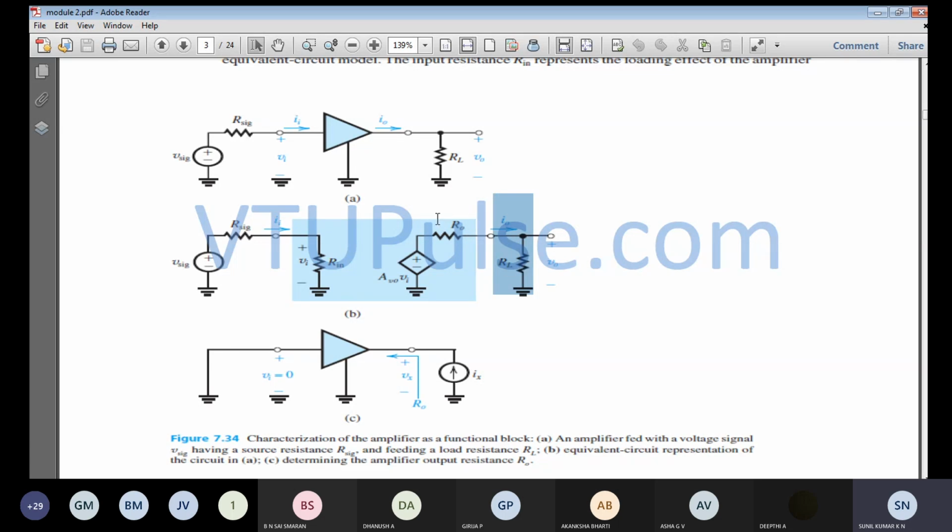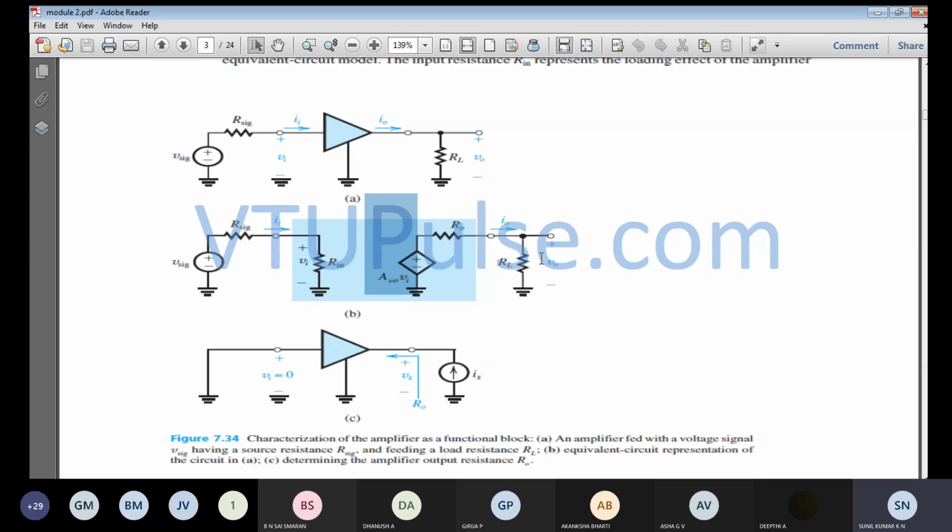So if both resistances are there, then obviously the output voltage will get divided across here. So if the output voltage gets divided across R0 as well as RL, the voltage drop across RL will be very much lesser. So actually whatever output voltage you have to get will get divided across these two resistances, which means finally the output voltage will be a very small value.